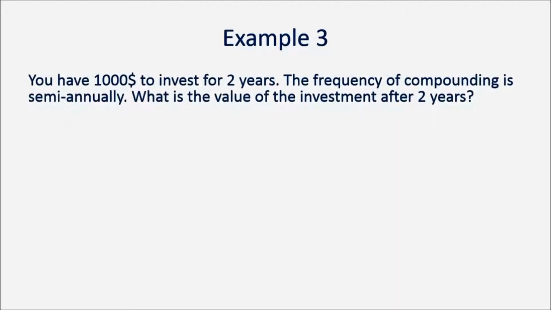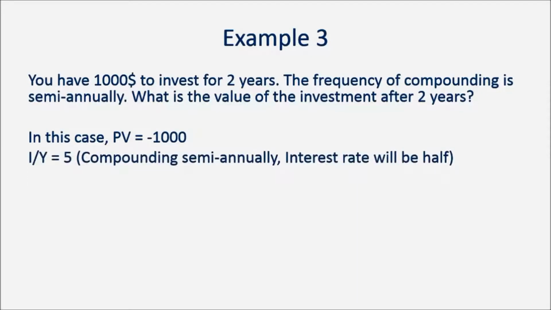Example 3. Let's say you have $1,000 to invest for 2 years. The frequency of compounding is semi-annually. What will be the value of the investment after 2 years? In this case, present value or PV is minus $1,000. I/Y is 5 because we're compounding semi-annually.